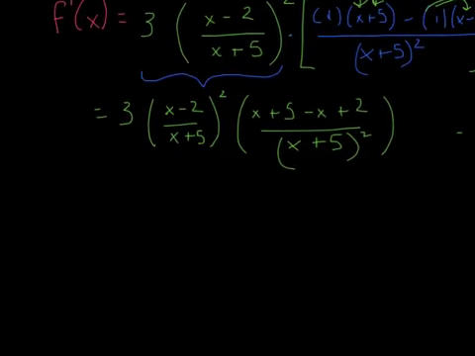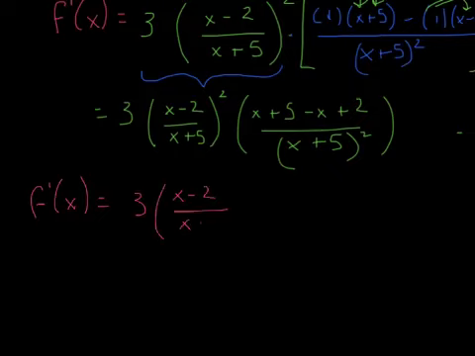So cleanup's almost done. F prime of x or dy dx. But since it was given to us in f of x format, we should put f prime of x. 3 times x minus 2 over x plus 5 squared. Times, now here the x's are going to cancel. x minus x, no more x's. And then I have 5 plus 2, which is 7 over x plus 5. But this one, just the denominator is squared.